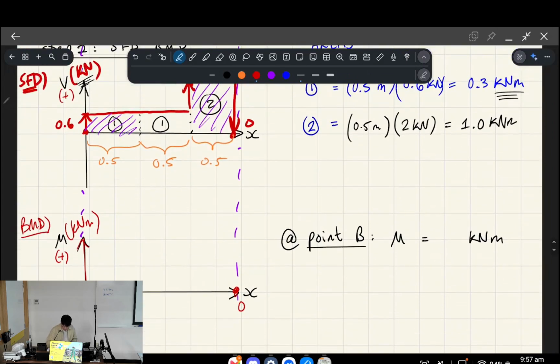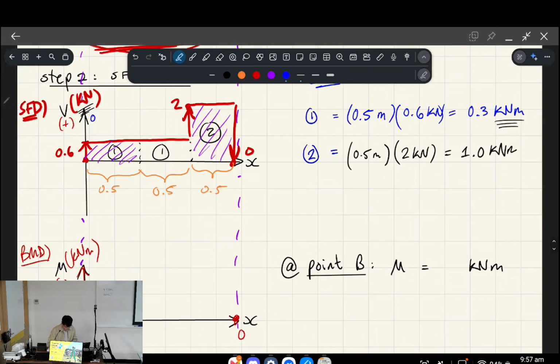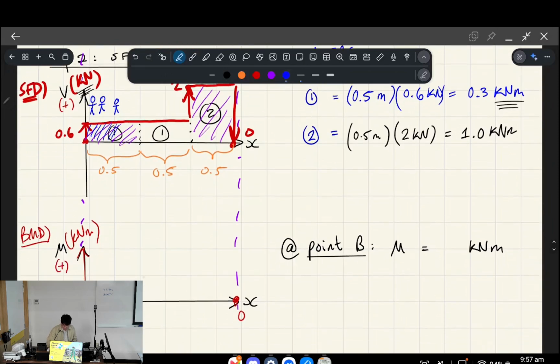So if you think about a man walking on now the shear force diagram, okay? The idea is that everything he walks underneath will be captured in the bending moment diagram. So all the area that he walks underneath is going to be captured as a line that keeps going up, okay, on your bending moment graph.